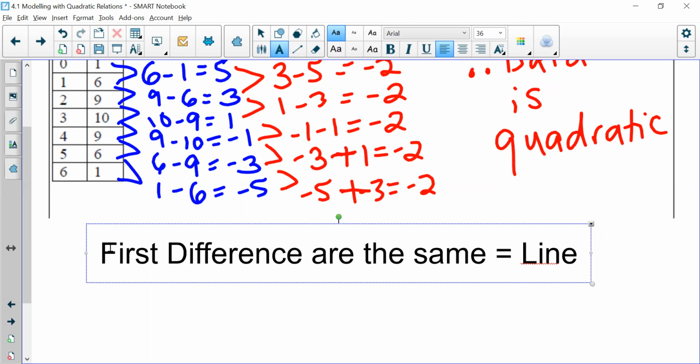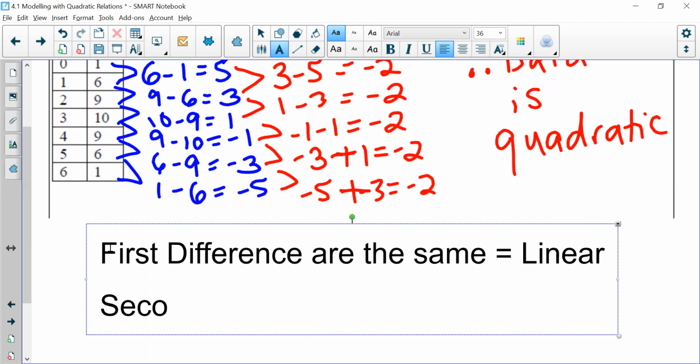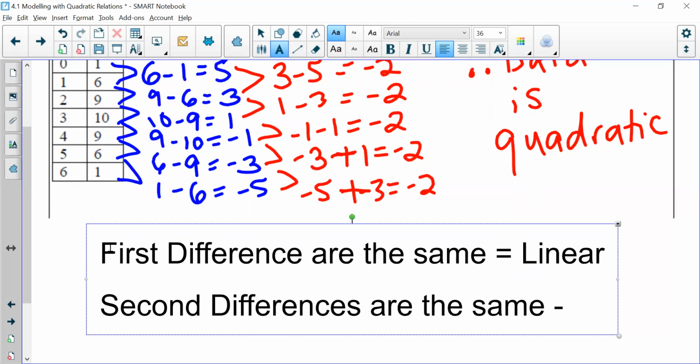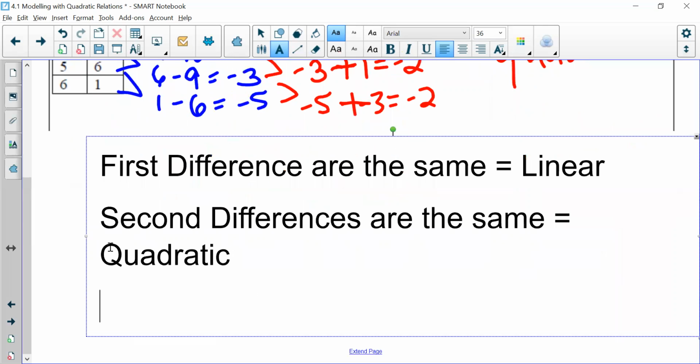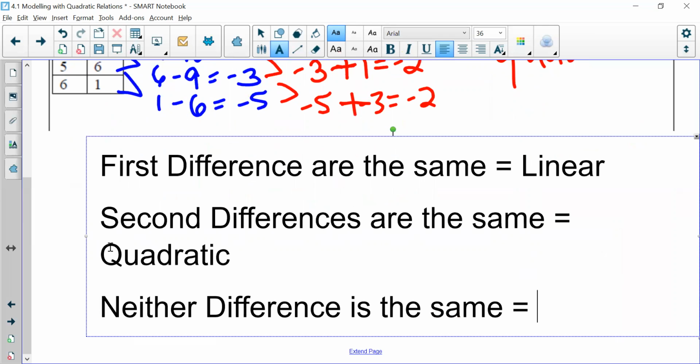Oh, you can see I'm having a hard time typing today. Second differences are the same equals quadratic. Neither difference is the same equals neither. That's an easy one to remember.